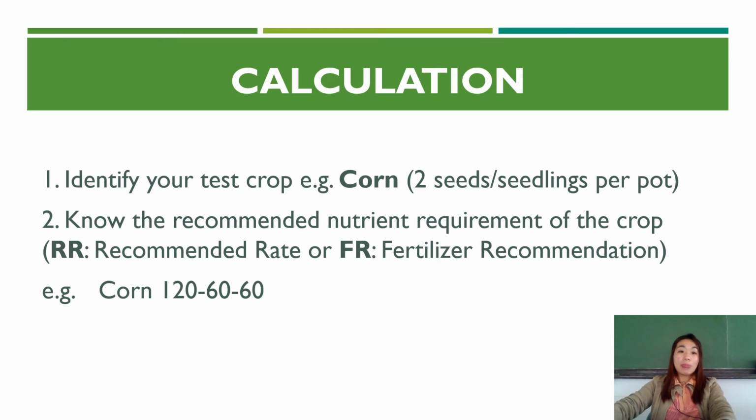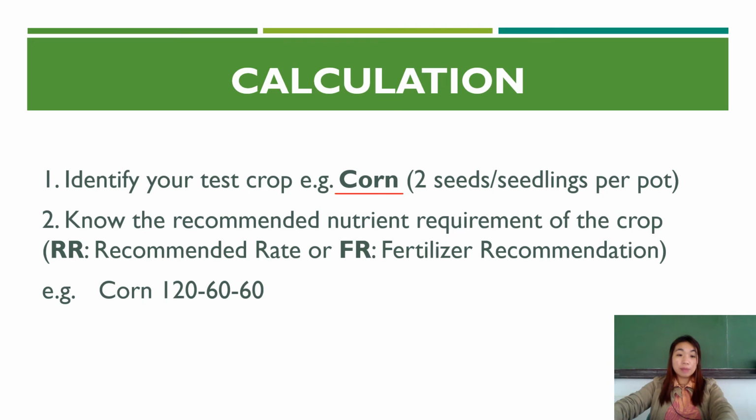Okay? Now, kasi you have to learn how to calculate for the amount of fertilizer to be applied in a given volume of soil or in a given kilogram of soil. So, ito na. So, first, you have to identify kung ano yung test crop mo. So, since ang test crop natin is corn, ayan, then, know the recommended nutrient requirement of the crop. Or we call that the recommended rate, RR, or fertilizer recommendation. So, the RR for corn is 120, 60, 60.